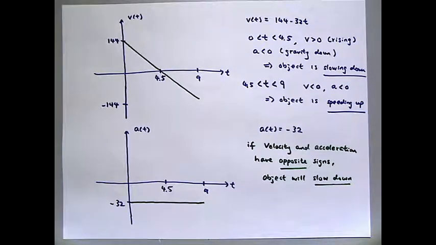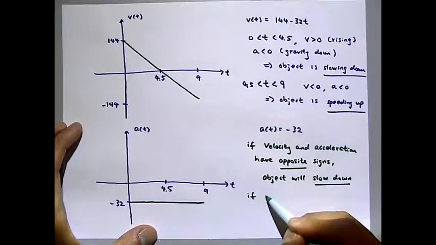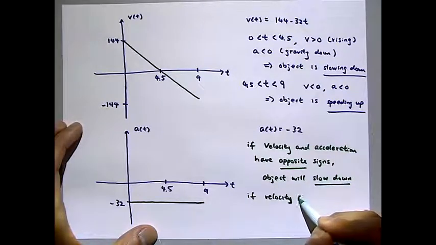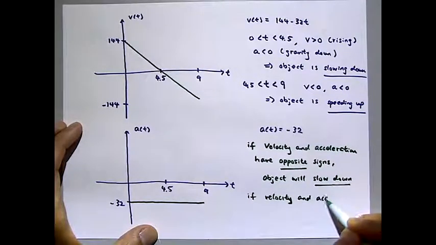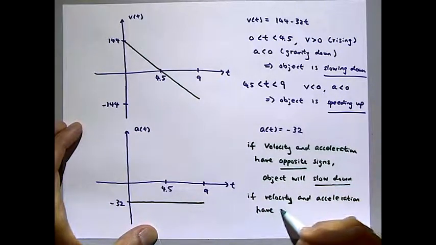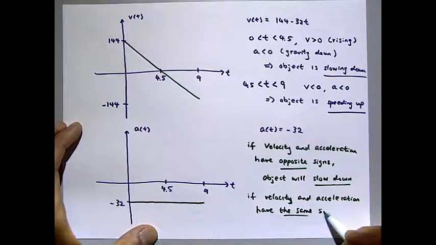If they're going in the same direction, then they're helping each other. The acceleration is helping the velocity. So the converse is if velocity and acceleration have the same sign, the object will speed up.